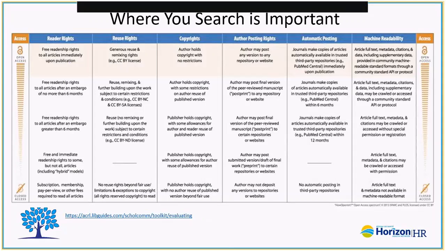So the articles and the research that's behind paywalls, or the content that for some reason isn't freely and readily available to you. So they broke down these components into reader rights, reuse rights, copyright, author posting rights, automatic posting, and machine readability. So in short, there are the content usage rights, and then what is accessible.